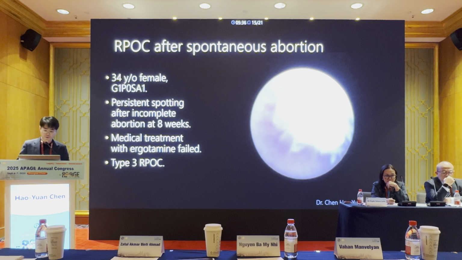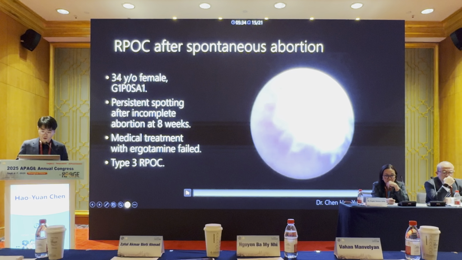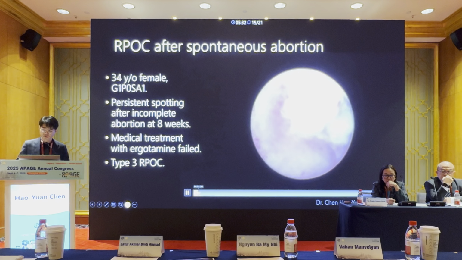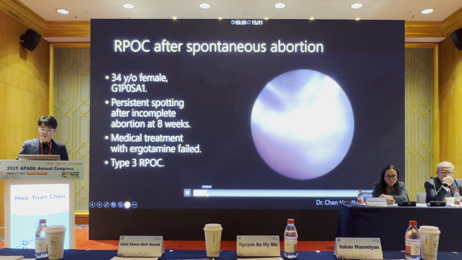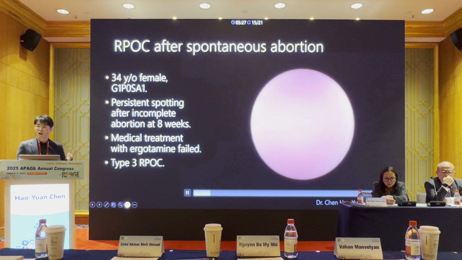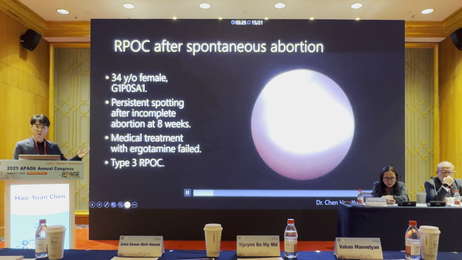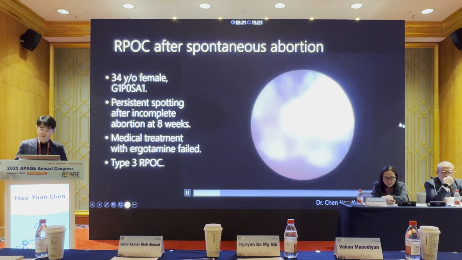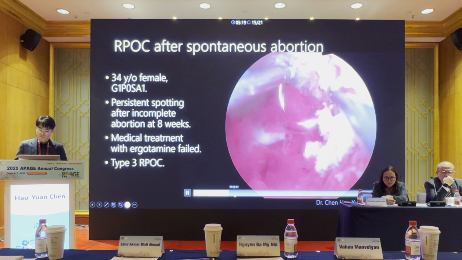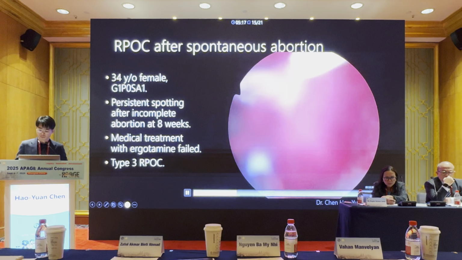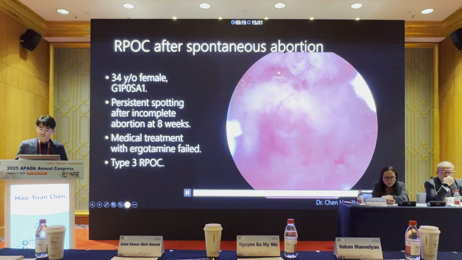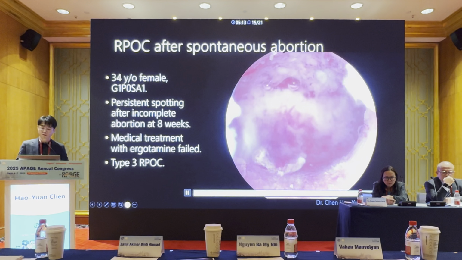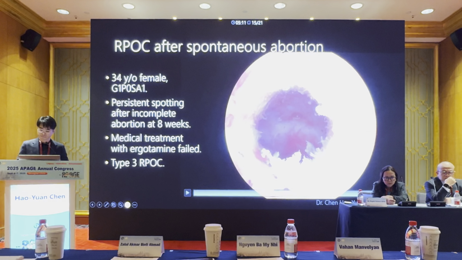I'm just going to show you the video real quick. As you can see, I actually started with a shaver, but since it is type 3, it bleeds very easily. So I ended up having to switch to a resectoscope for hemostasis. And you can see in the end, we have removed all of the tissue from the uterus.